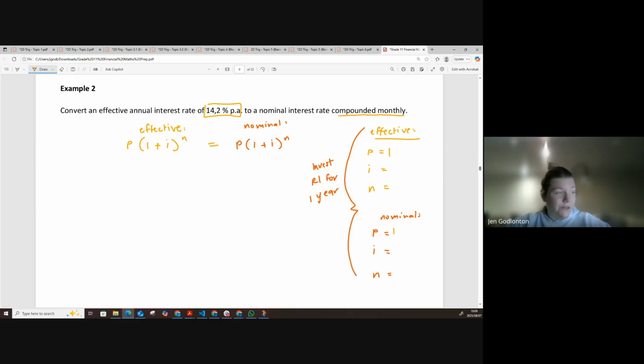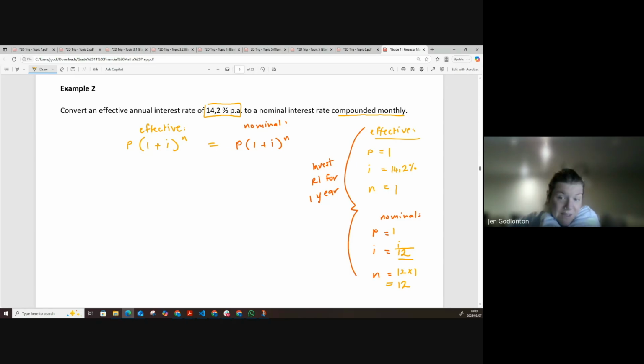Okay, so in our nominal one, we know that it's going to be divided by 12, but we don't know what that I is. In our effective, we know that it's 14.2%. Okay, cool. Our N in our effective is 1 year, and in our nominal, it's being compounded monthly, so it's 12 times 1, which is 12.